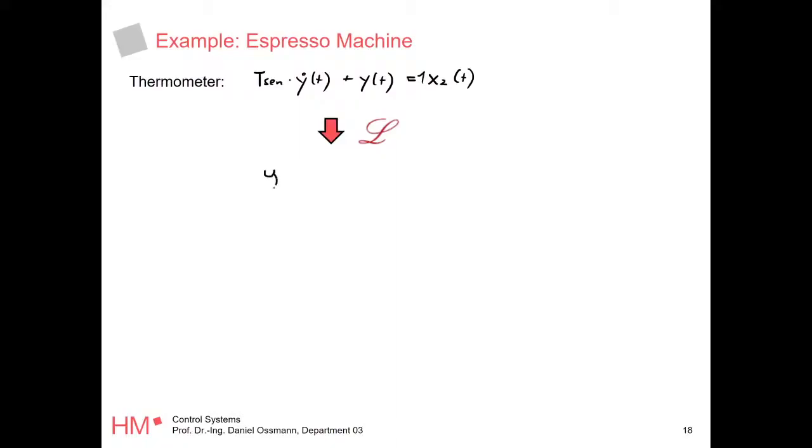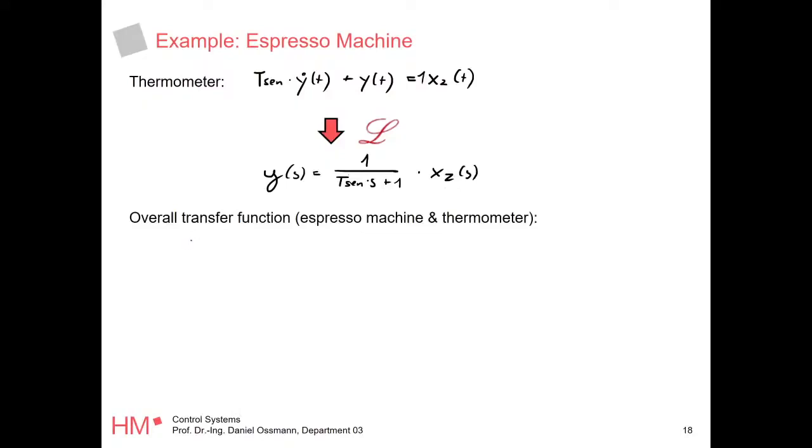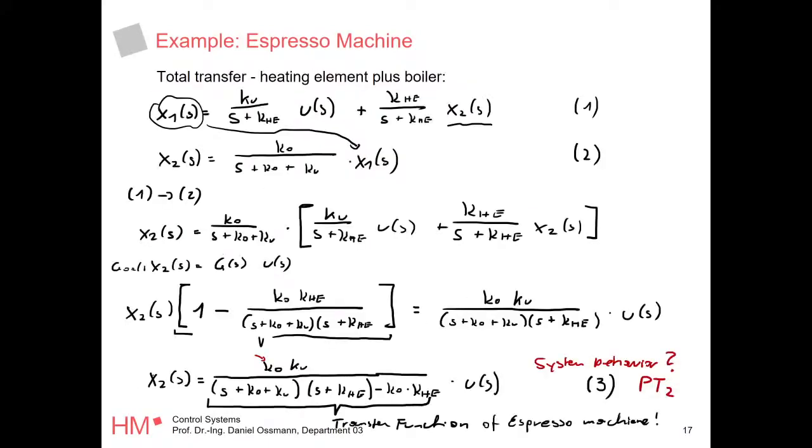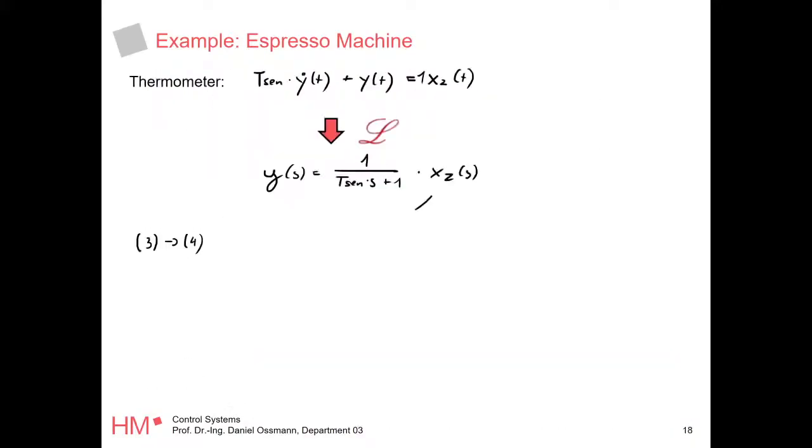Okay, let's do the Laplace transformation. We get y of s is 1 over T sensor times s plus 1 times x2 of s. So now we can actually get our overall transfer function, namely we plug equation 3 into equation 4. Remember, equation 3 was this guy. So we plug it in and solve it, and then we have our y of s.